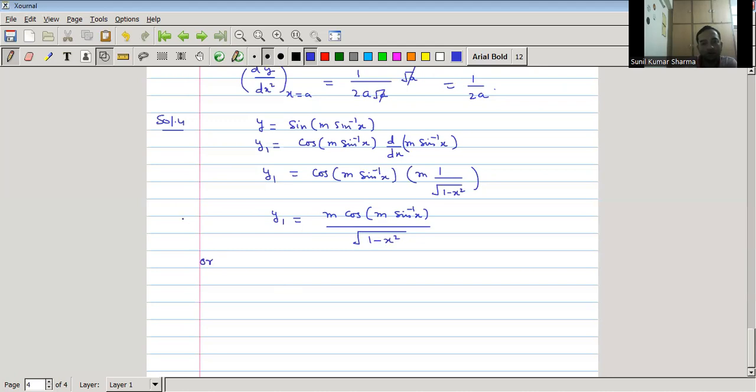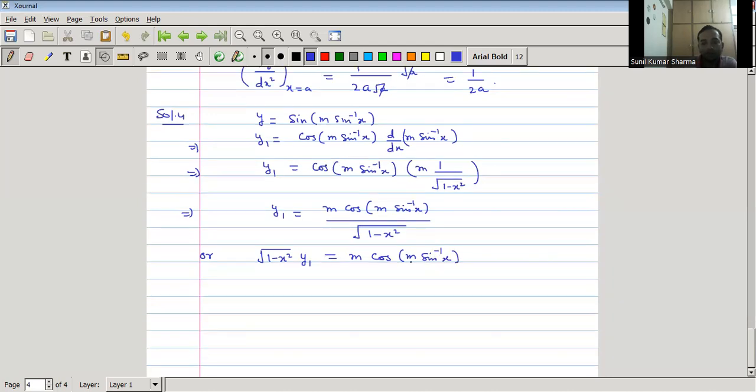Or we can write under root 1 minus x square y1 equal to m cos of m sine inverse x. Let this be equation number 1 and this be equation number 2.